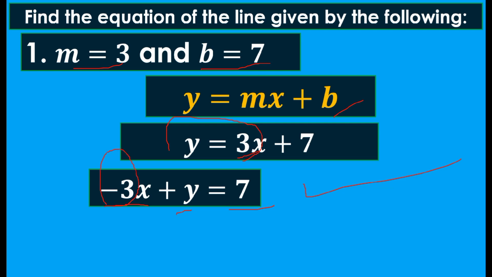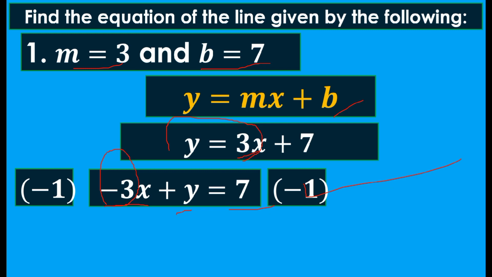So mag-multiply both sides of the equation again by negative 1. So magiging negative 1 sa kabila, negative 1 din sa kabila. So, we distribute. Negative 1 times negative 3x, negative 1 times positive y, then negative 1 times positive 7.